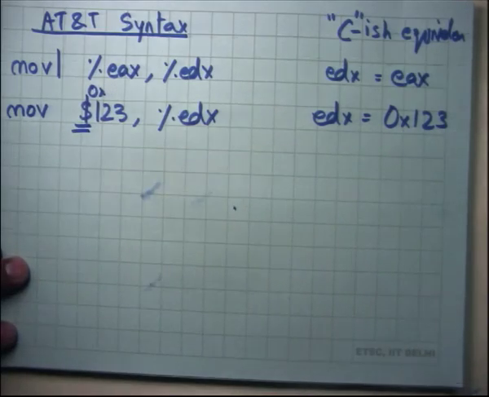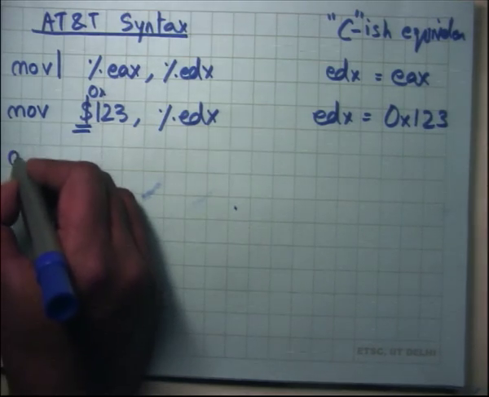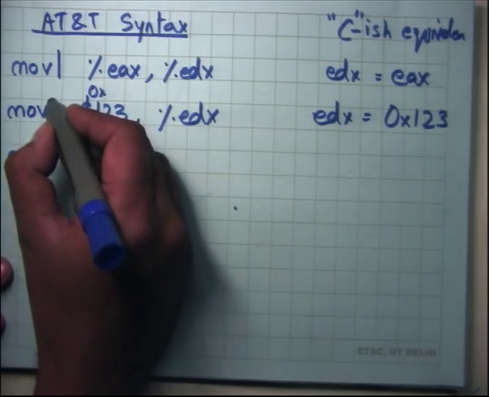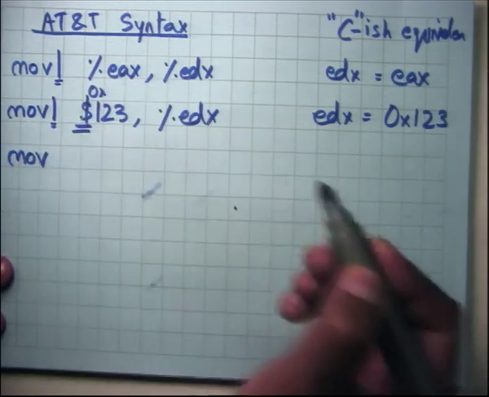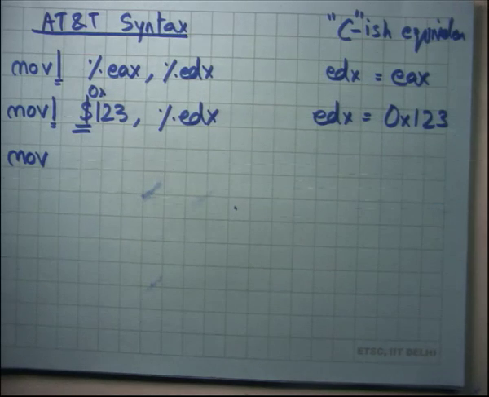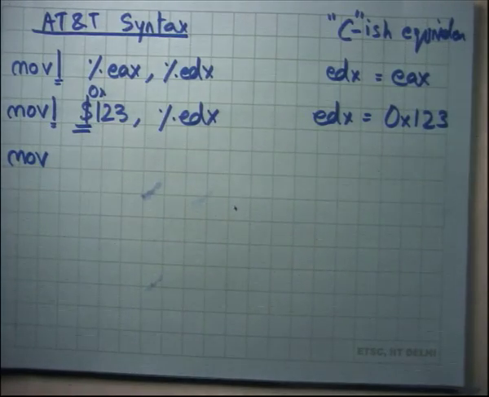Notice the use of the $ sign to specifically say that this is a constant that I want to move to EDX. I'm also suffixing the instruction with a character which says what the size of the data is. By default in 32-bit mode it's 32-bit, but you can also specify it using L. So L stands for 32-bit, and you're basically moving 32-bit values.